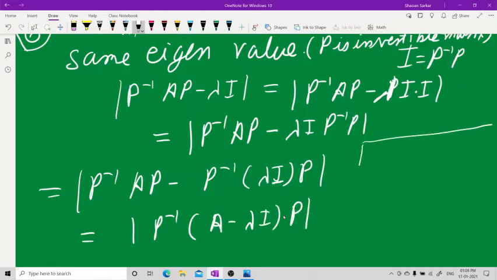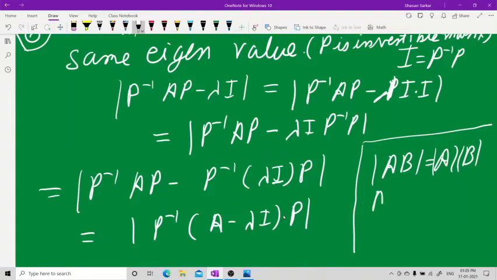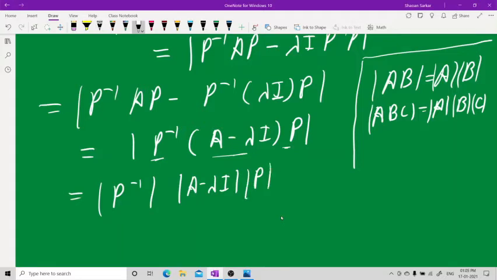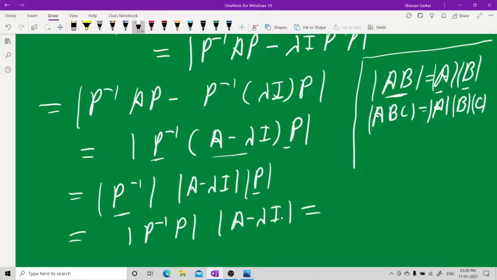Now I told you the property of determinants: the determinant of AB is determinant A times determinant B, and the determinant of ABC is determinant A, determinant B, determinant C. So this is like A, this is like B, and this is like C. So determinant of P inverse, then determinant of A minus lambda I, and determinant of P. Combining, this is determinant of P inverse P times determinant of A minus lambda I. Now P inverse P is nothing but I, and the determinant of I is 1.